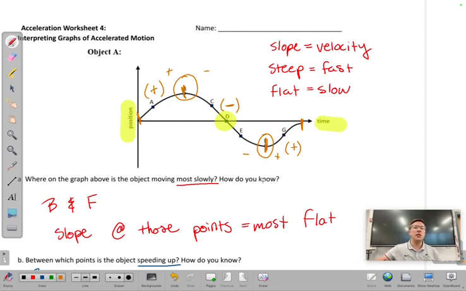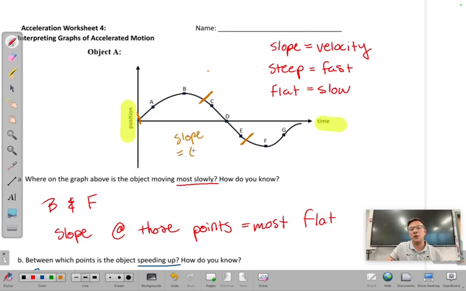Again, to revisit point D and why that is not correct, if we look at points C, D, and E, just going from right here to right here, we can see that the slope is negative at all times. Right here during this entire time from C to E. And really from point B all the way to F, we have a negative slope.